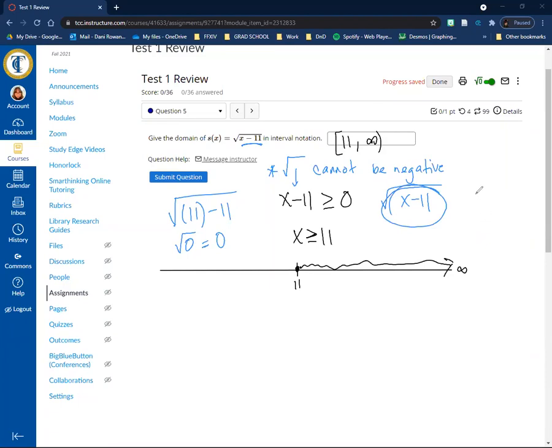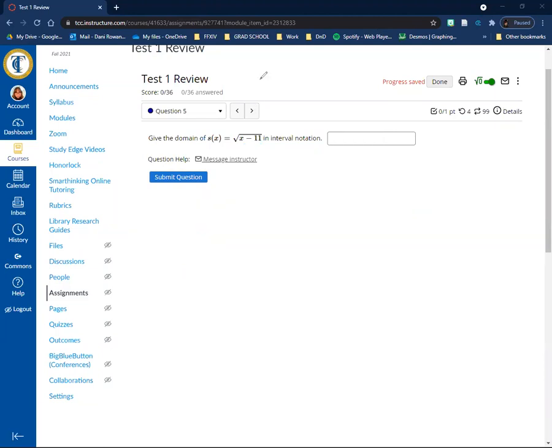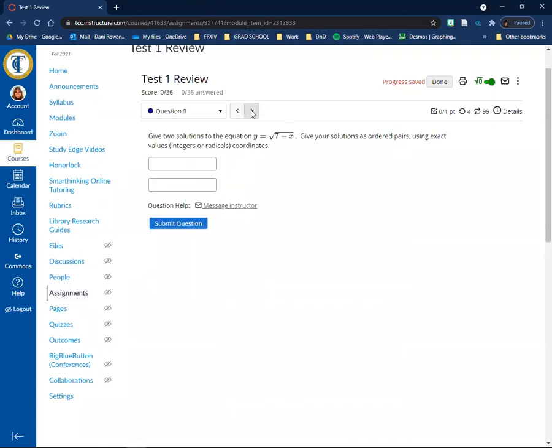So it can only be a number 0 or greater. Whatever's underneath the square root. I'll do a similar problem. In fact, let me go ahead and find one because I know there is one. Let's go ahead and do the domain for this one.